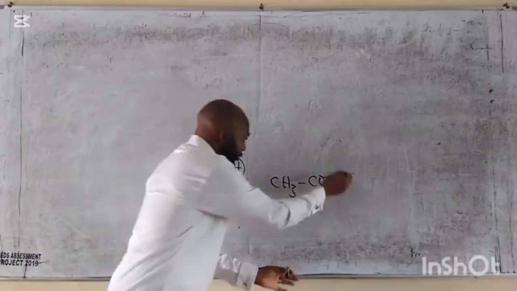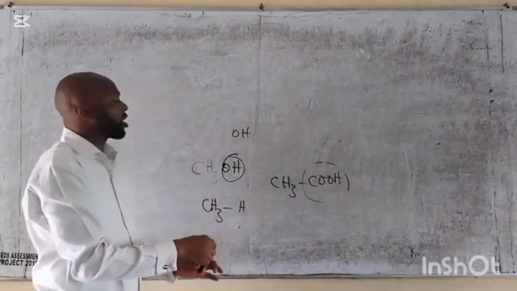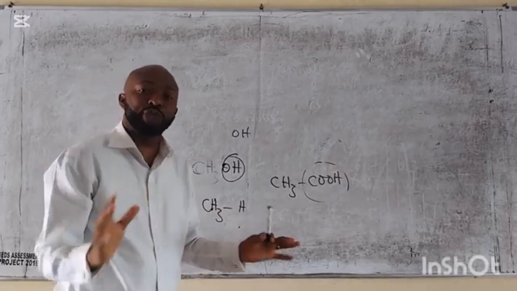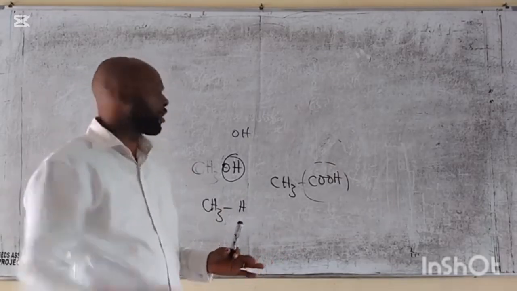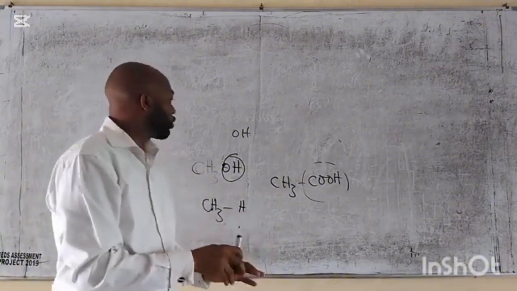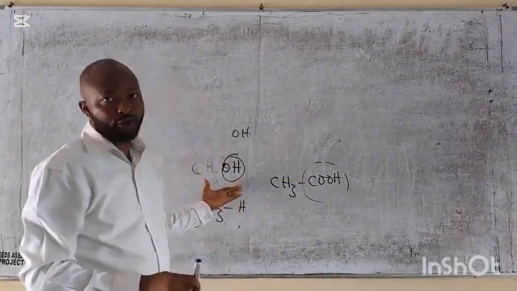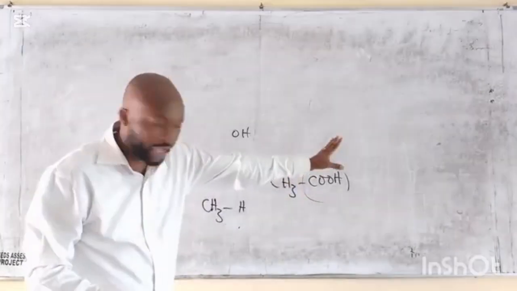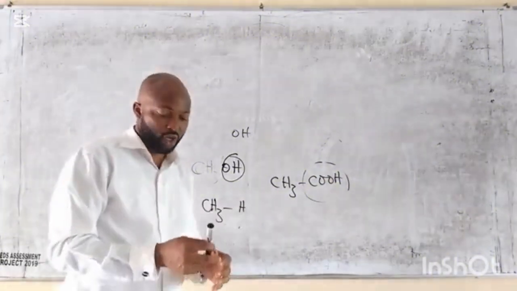So this being the functional group makes the compound exhibit a peculiar or particular behavior, or take a behavioral pattern different from others. As such, you'll be able to call this a methanol from alcohol, an ethanoic acid from alkanoic acid, and this is an alkane, a single bonded compound.